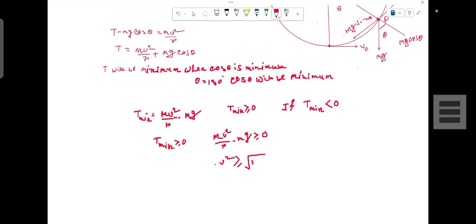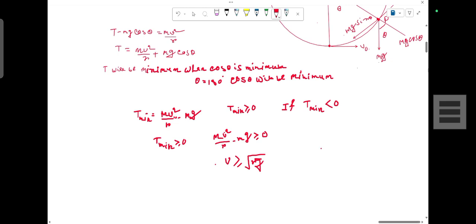That means when T minimum is greater than or equal to 0, then the velocity should be greater than or equal to root over rg.